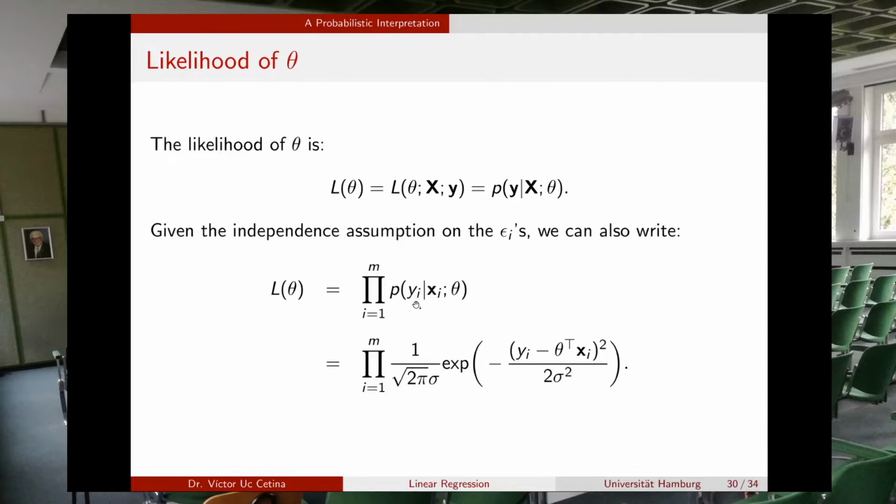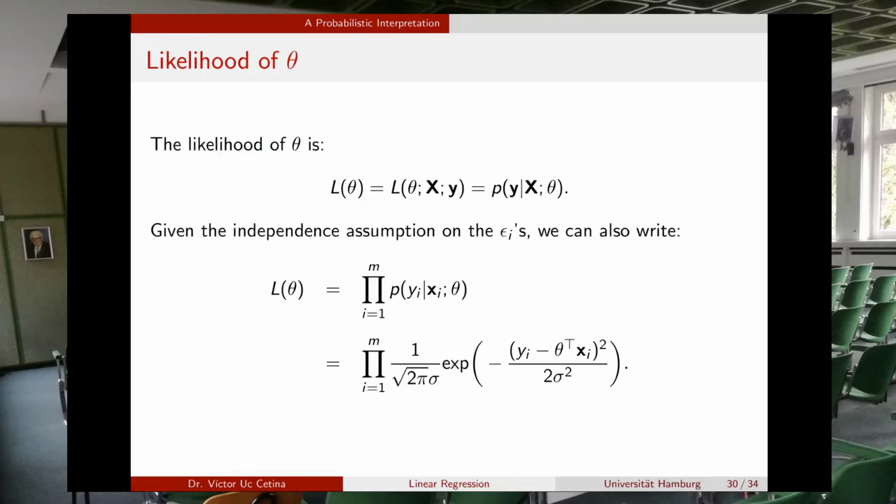And we said before that we are assuming a Gaussian distribution, a normal distribution, and we can simply replace this expression of the probability with the formula of the normal distribution.